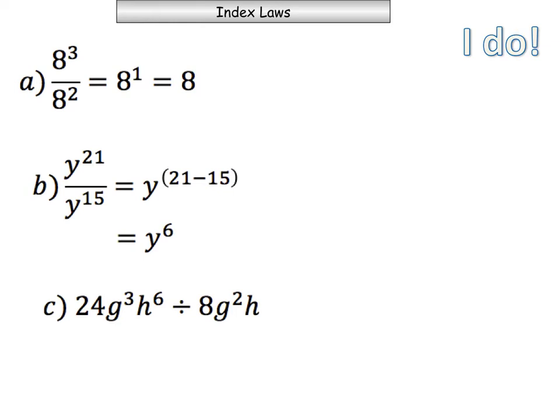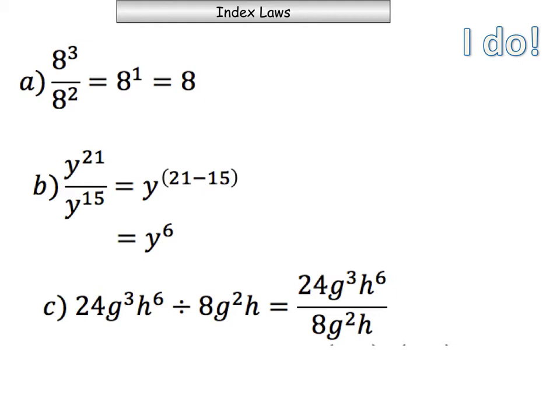With C, it's just a little bit different. The first thing I want you always to do when you see anything in algebra written like this is rewrite it in fraction form. So we write the first expression as our numerator, and the expression that comes after the division sign is our denominator.